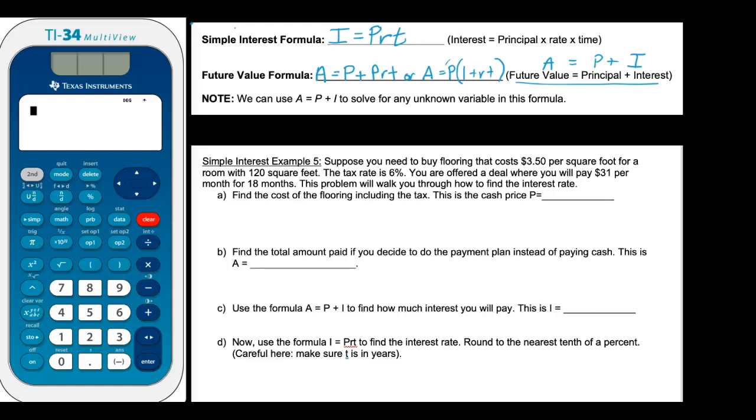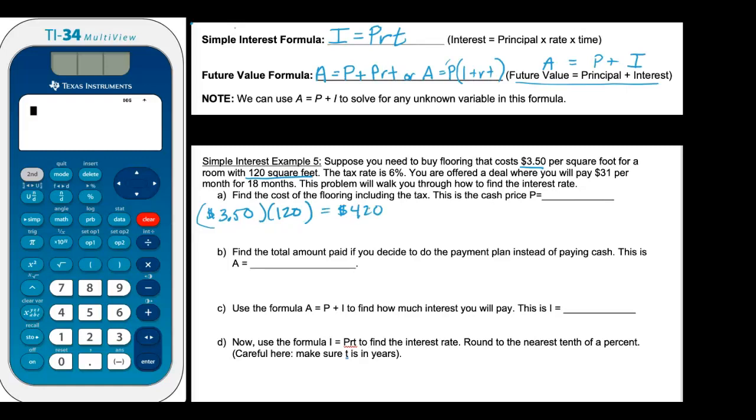So for part A, we're going to find the cost of the flooring including tax. If the flooring is $3.50 per square foot, and there's 120 square feet, we need to multiply those two numbers to find the total cost of the flooring. When we do that, we get $420.